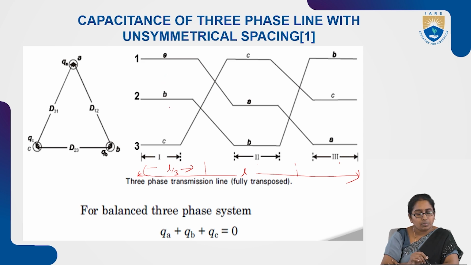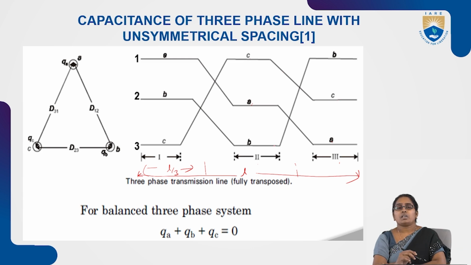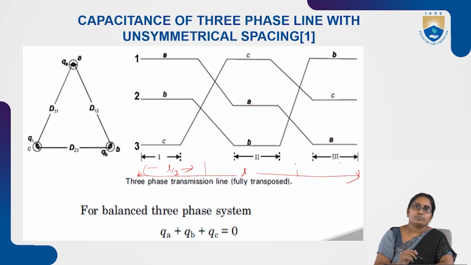Then in the next position A comes one level down, B also comes one level down, and C comes up. That is position 2. And in the third position, again phase A comes one more level down, so it comes completely down, then B also comes to the next level down, so B comes up here and C comes here. So this is how the transposed line is represented.